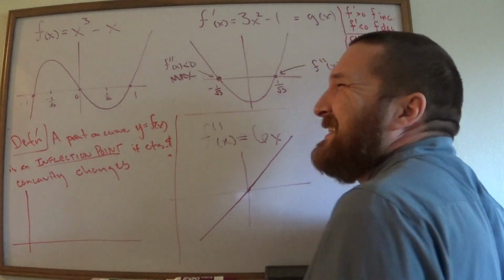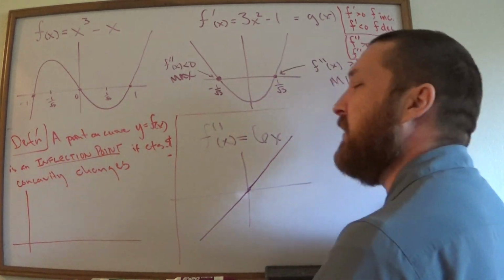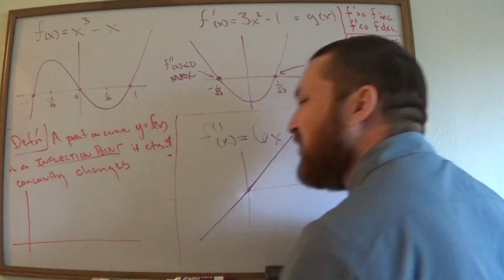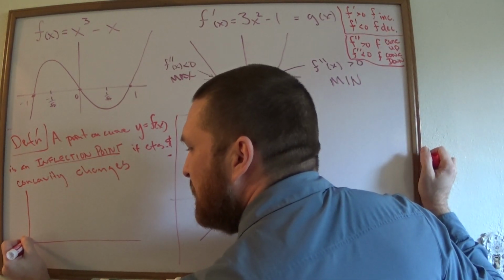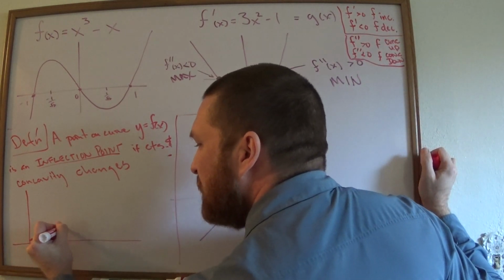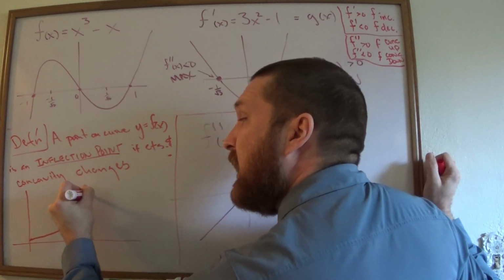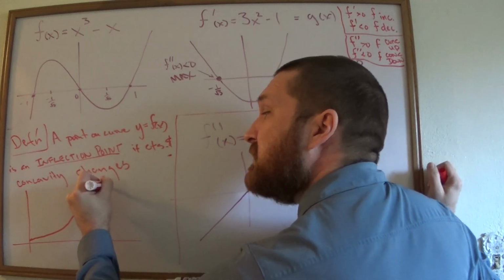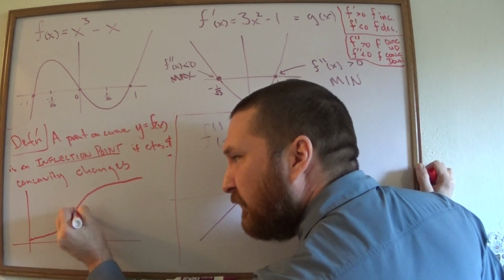I can't say something nice, like how many puppies are being sold to loving families. No, it's deaths. How many deaths are occurring in this war? We see that it's still increasing, but it's not increasing as much as it had been. And so this would be your inflection point.